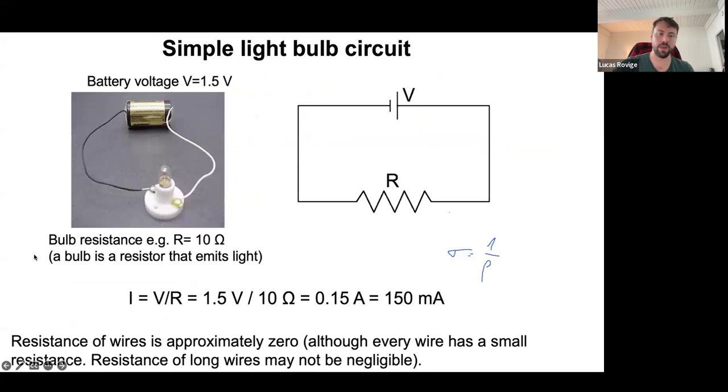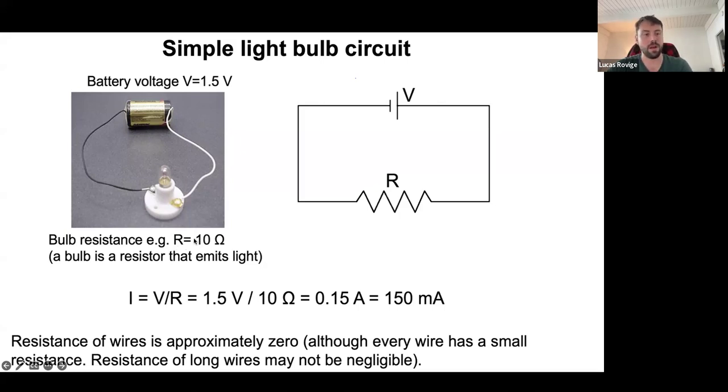And we'll see a few applications and examples of that, and then we continue on with the new concept of electromotive force. So let's consider a very simple circuit where we have a battery supplying a voltage difference of 1.5 volts. This battery is just connected to a small bulb that has a resistance of, for instance, 10 ohms.